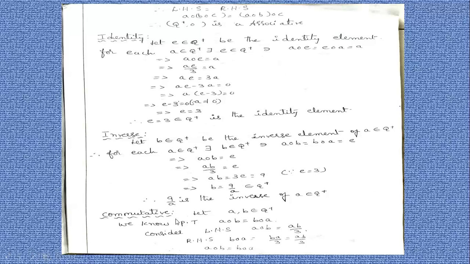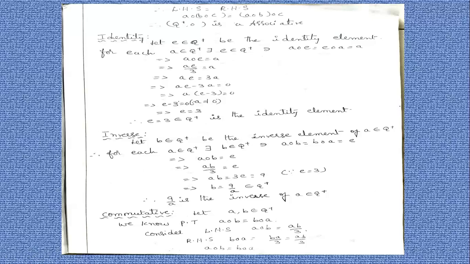Okay. Next one is commutative. The last one is commutative. What we now prove in commutative? a circle b equals b circle a. Now we are considering, let a, b belong to Q plus. We now prove that a circle b equals b circle a. Now we are considering the LHS, a circle b. Okay, a circle b means ab by 3.